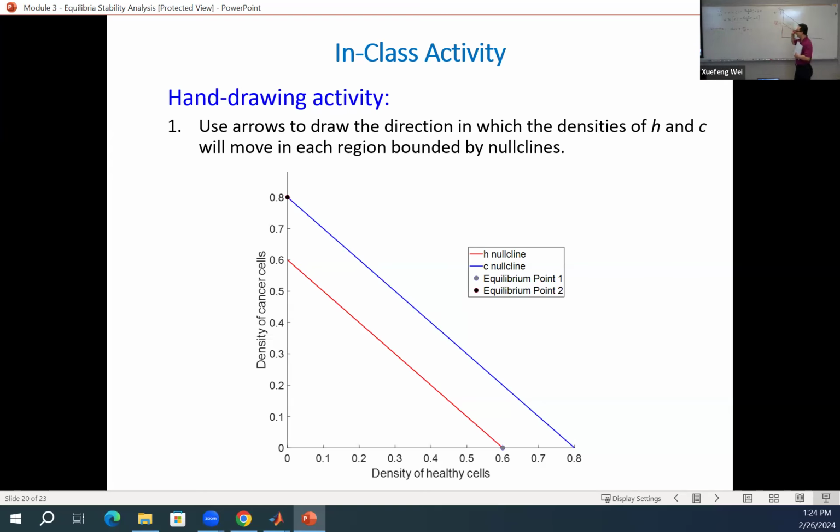Can you see that? When it's on it, it is equal to 0, but once it's above it, you move this up, this will become negative, okay? And then below it, dx1 dt is bigger than 0. Is that right?